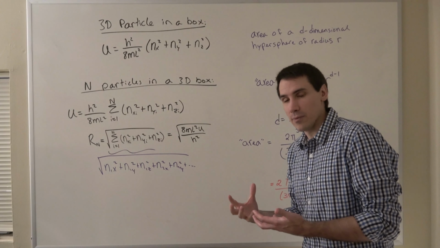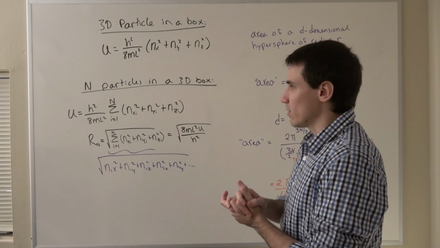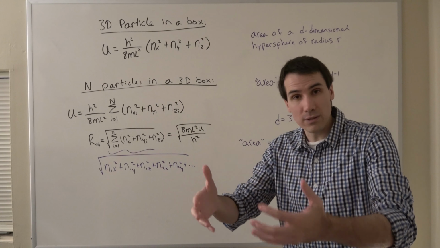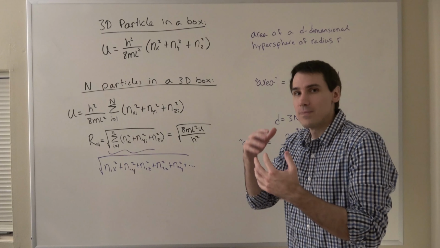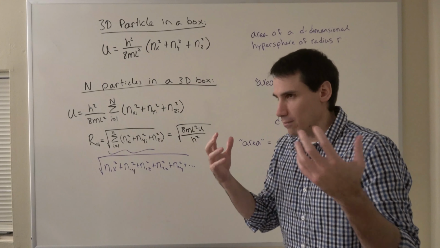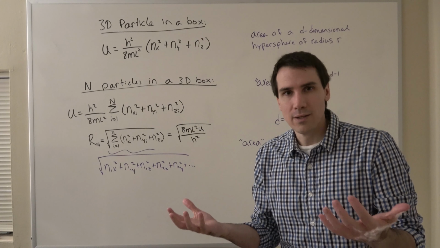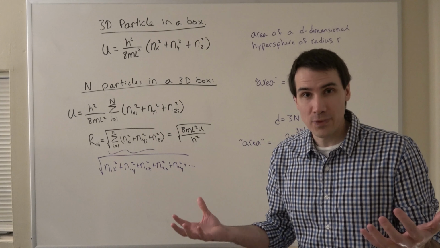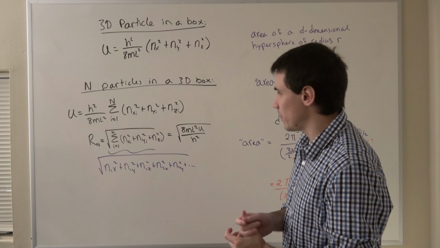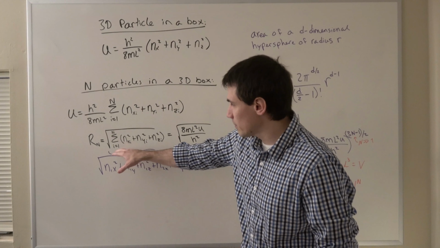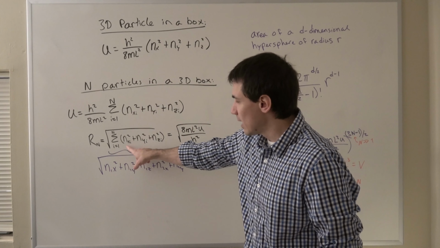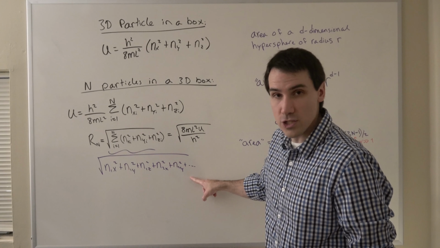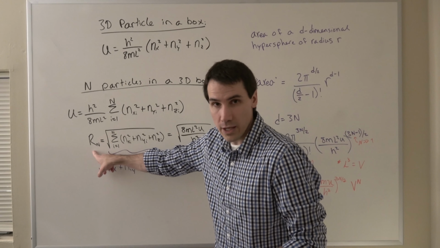So we keep adding up all of these values, and instead of creating the surface of a sphere like we did with the 3-dimensional example, it's going to create a hypersphere, which is a higher dimensional version of a sphere, which still obeys the equation that if you add up all of the n's squared, you equal some constant, right?